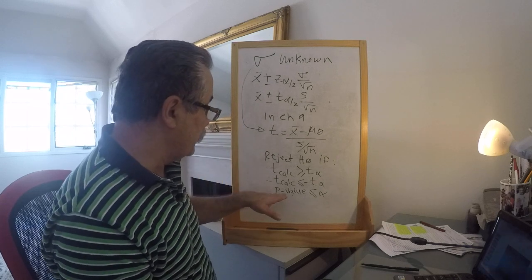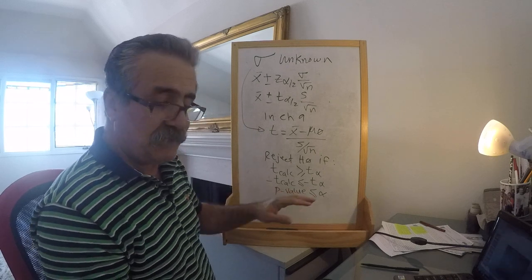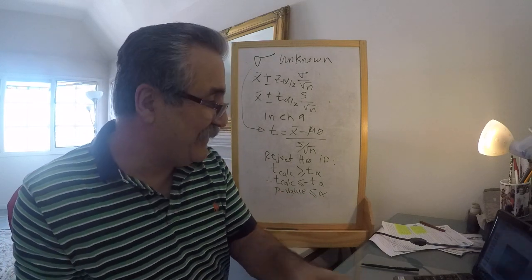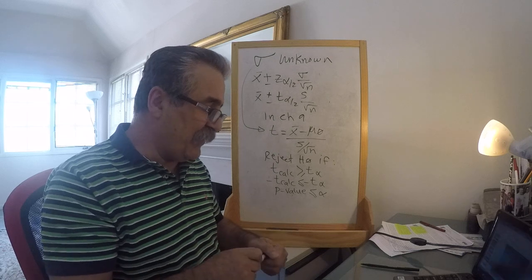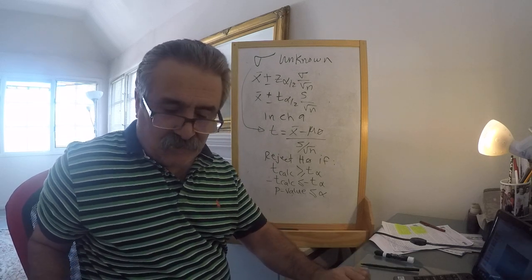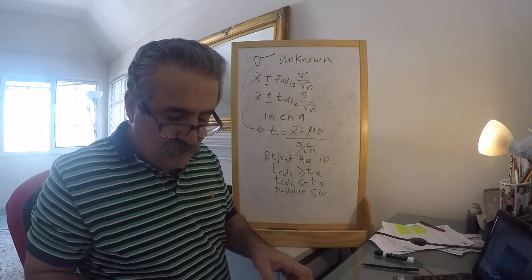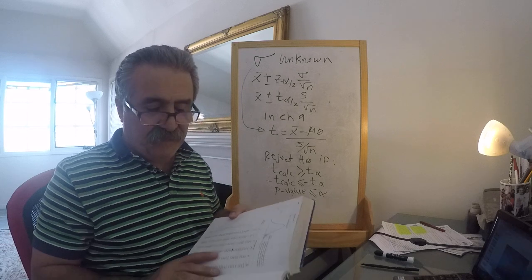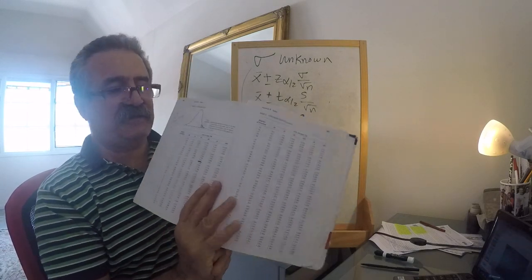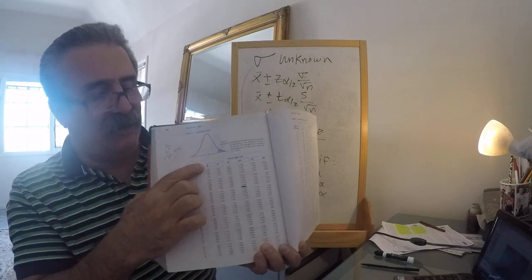Now, what is the p-value and the alpha in sigma unknown case? This is what the p-value and the alpha is. You see these areas in boldface and top.